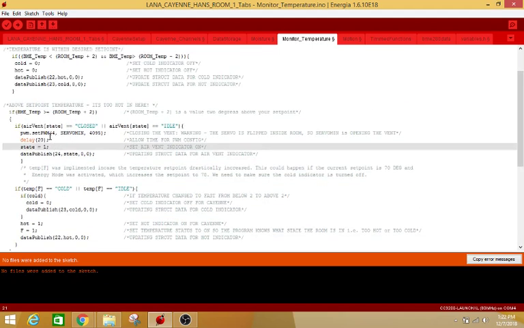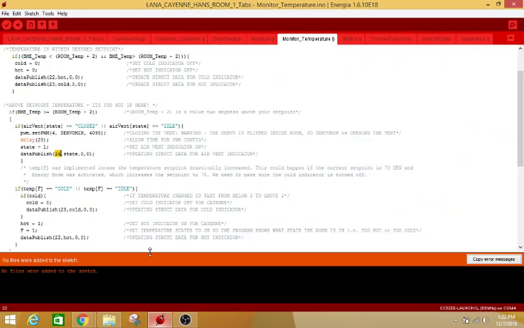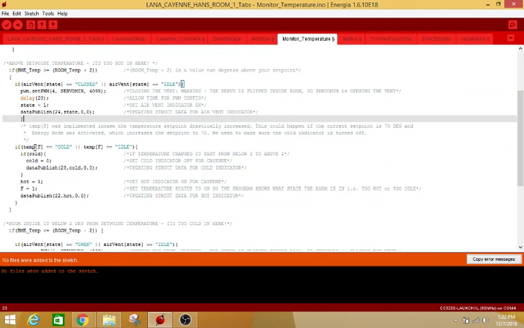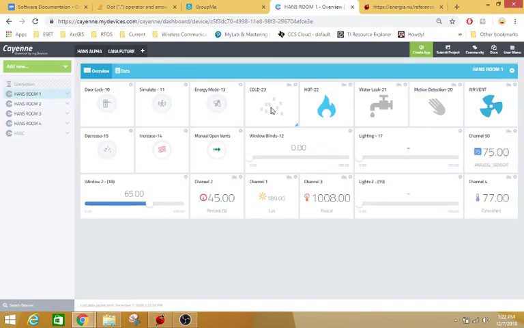So now when we get in here, we're not going to continuously be opening the vent. We only want to open the vent just once. And we update channel 24, which is our air vent, and that means this indicator turns on. Cool. So now we need to turn the cold indicator off.